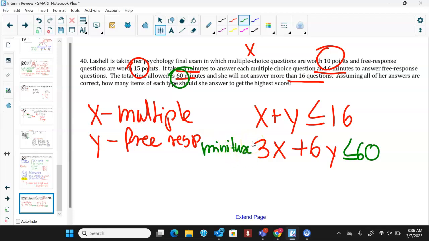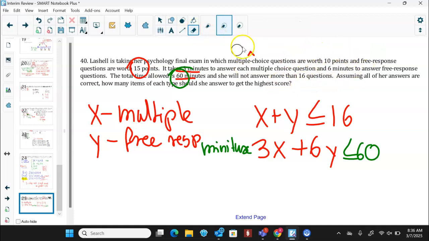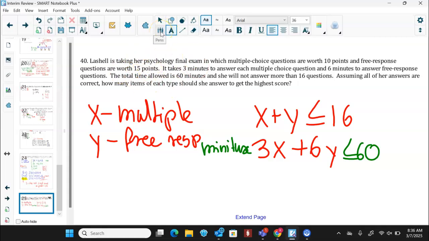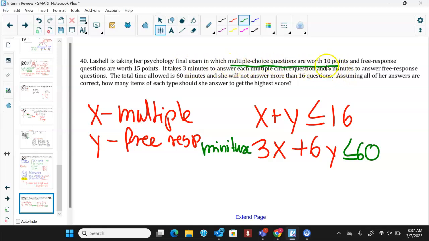And then, of course, our objective function would be the points, right? And again, it will throw you off because it starts with the points. So the question would be 10 points. Okay, so you would have, oopsie, I apologize for that. You would have multiple choice questions worth 10 points, so 10x plus, and a free response question is worth 15 points.